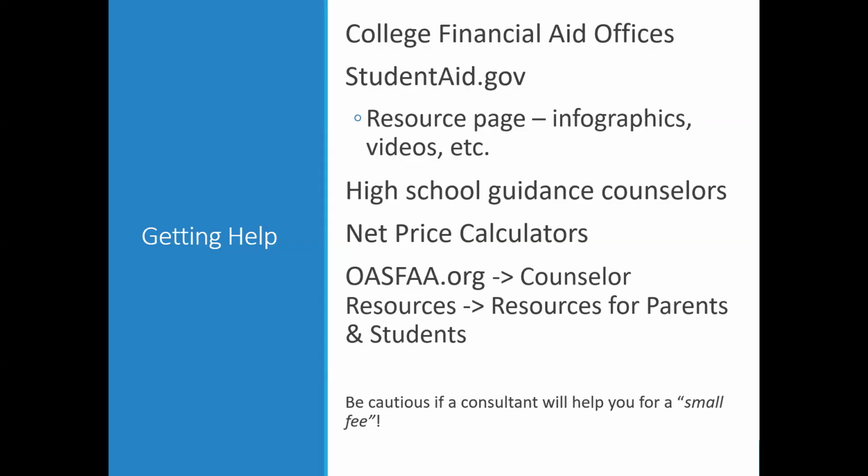There is a resource page that has infographics and videos. Your high school guidance counselors are a wonderful source of information. We always encourage families to look at the net price calculator. This allows you to do some rough calculations on what school costs after financial aid is estimated.